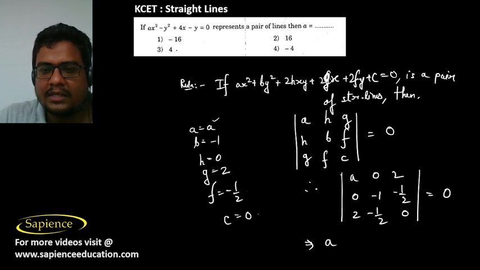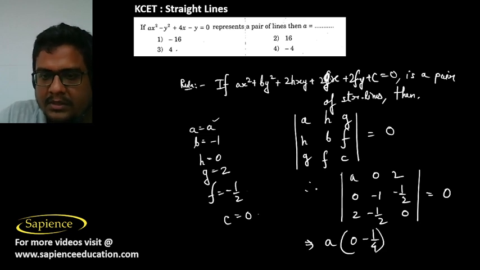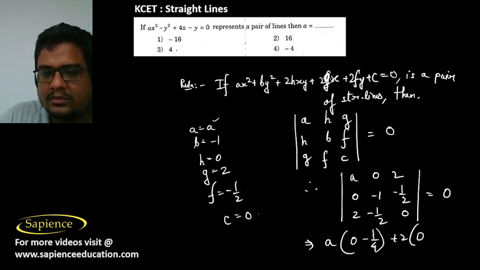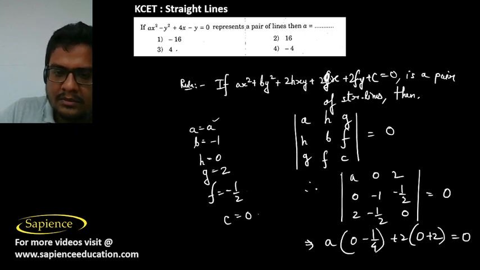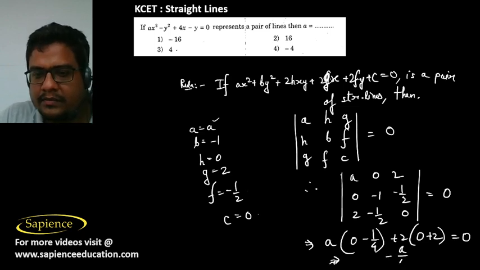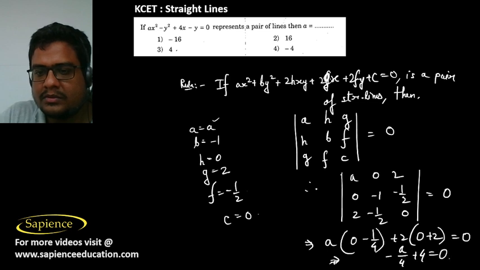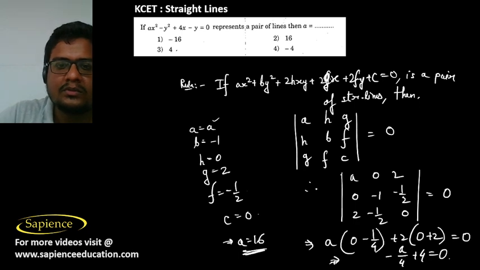So therefore I can say that a into 0 minus 1 by 4, minus 1 by 4, then plus 2 into 0 plus 2, that should be equal to 0. So therefore minus a by 4 plus 4 should be 0. So a should be equal to 16, so option 2 is the correct answer.